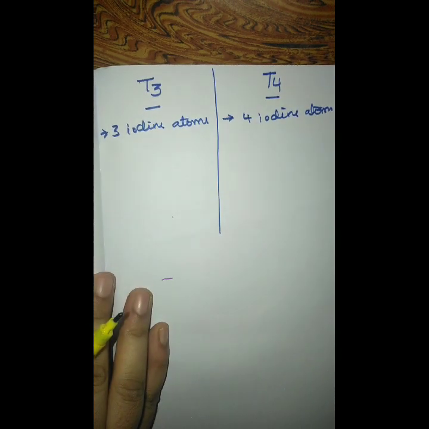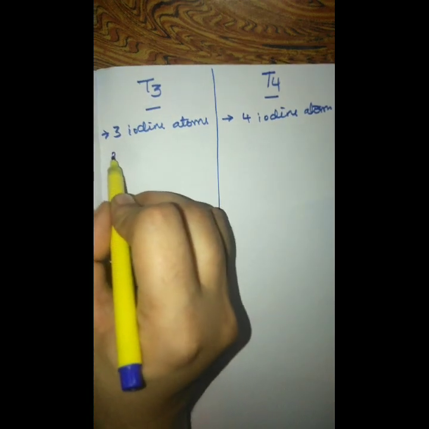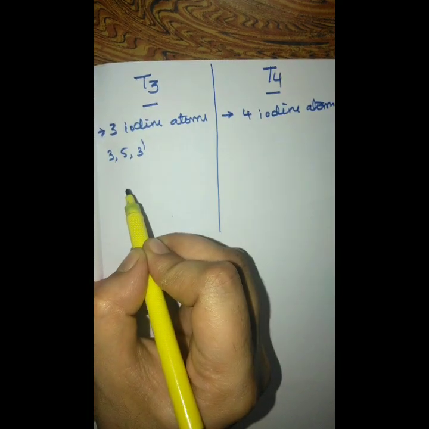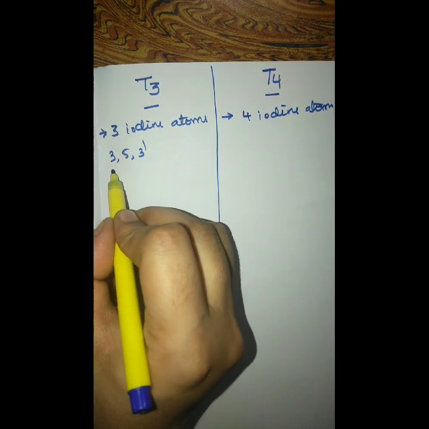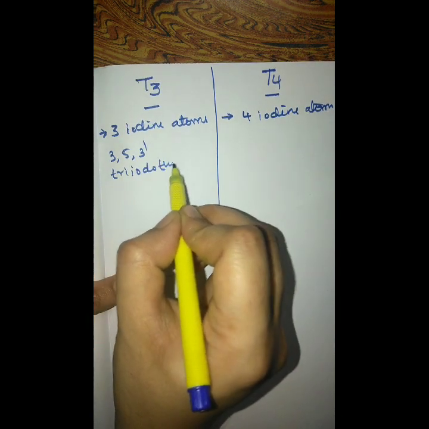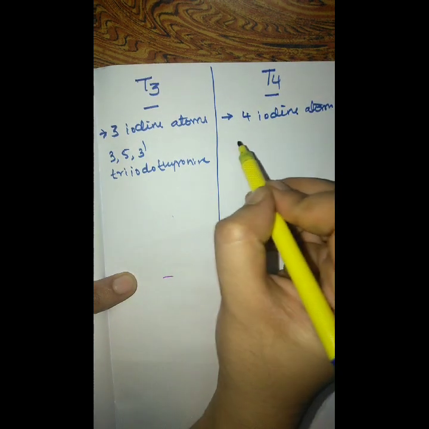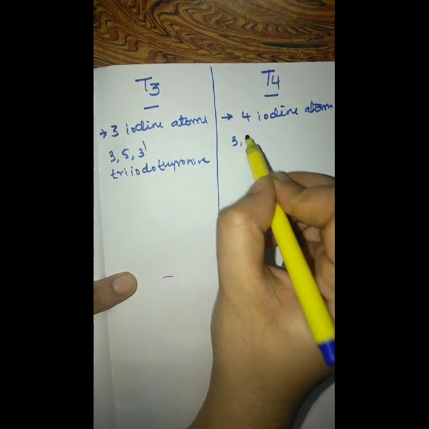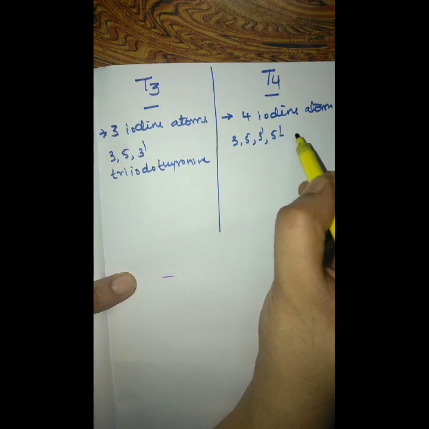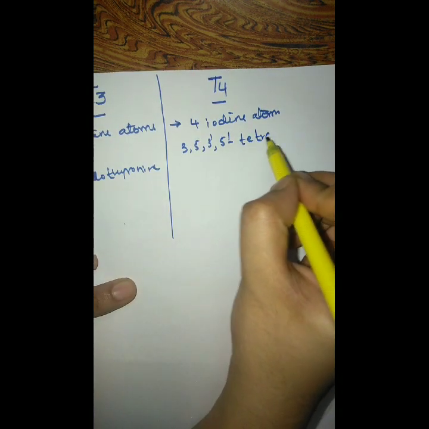T3 is nothing but 3, 5, 3 prime triiodothyronine, whereas T4 is 3, 5, 3 prime, 5 prime tetraiodothyronine.